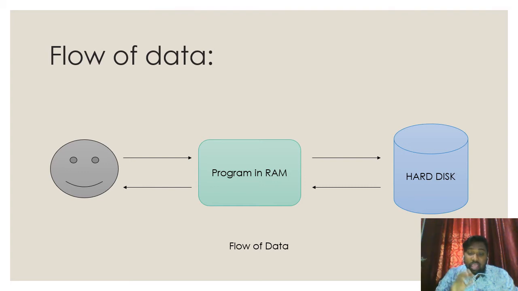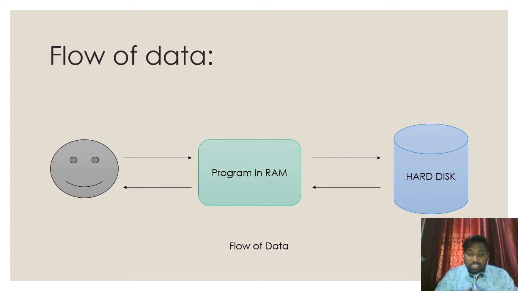And whenever we are reading the file as an output, at that time it will also open the input. So the input file and output file are stored separately. Whenever we open the input file, we'll get the output, and whenever we open the output file, we'll get the input. That's the flow of data.